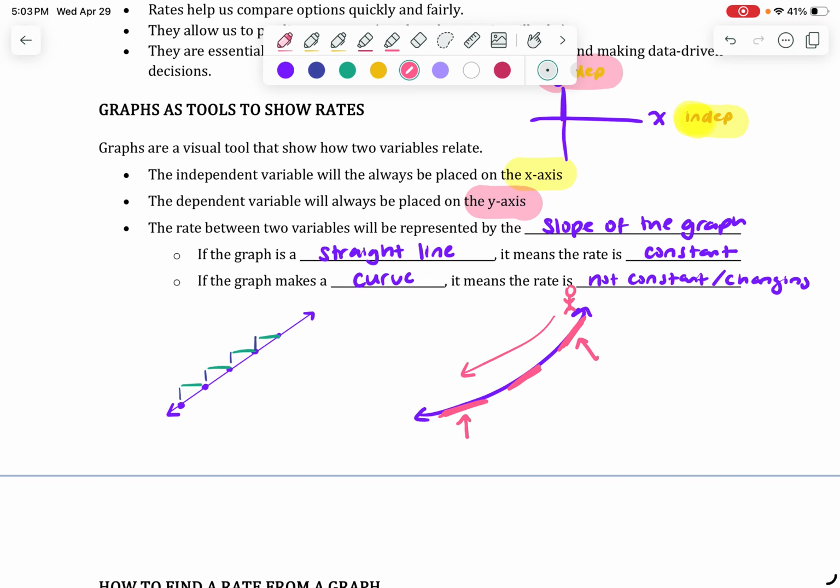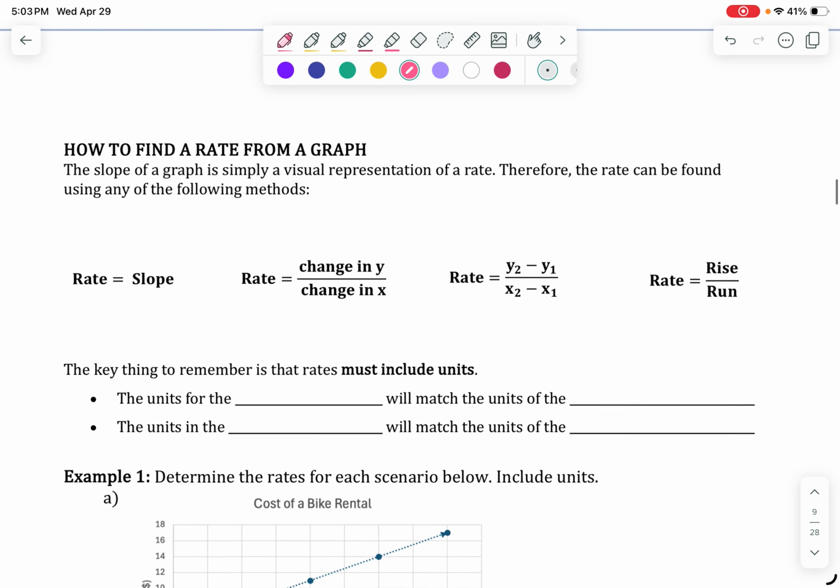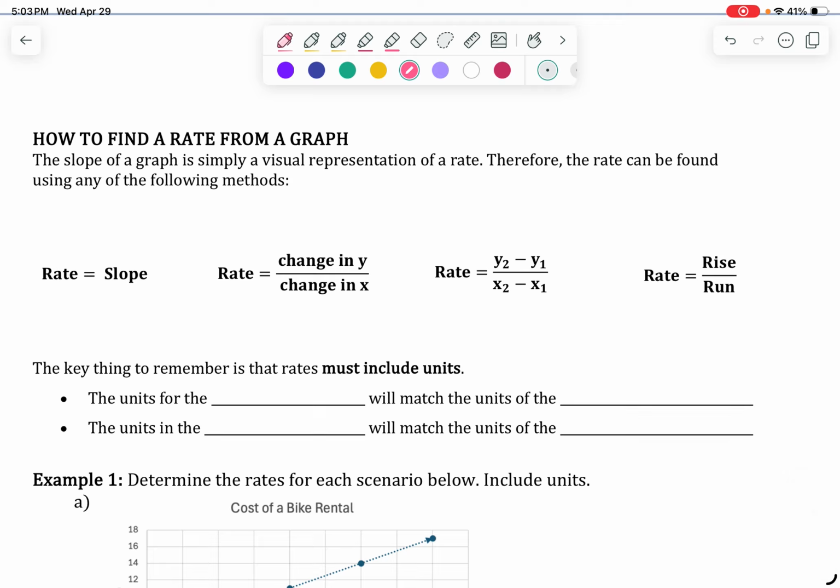Okay, moving on. How to find a rate from a graph? Well, we can do a bunch of different things. And we've actually talked about all of this last year as well, so none of this should be really new. I'm just going to forcibly use the word rate because that's what we're focusing on. Last year, you would have used slope way more often.